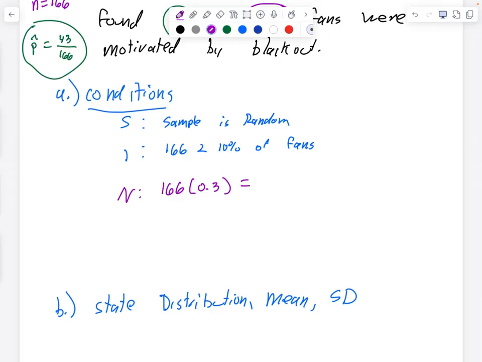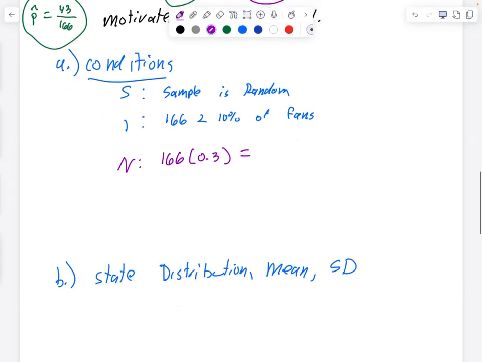Right here. It's the condition. What do we want these numbers to be, Angel? Greater than 10.